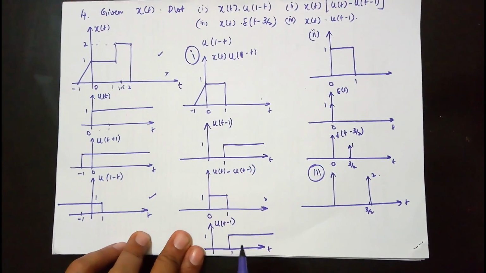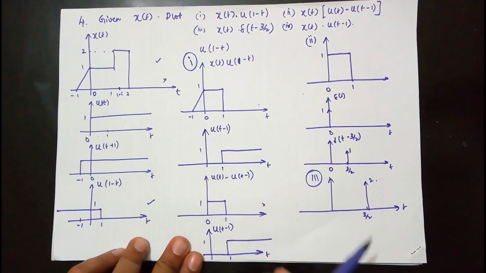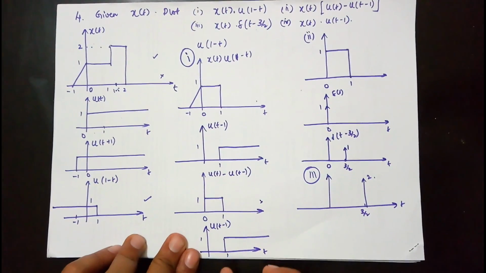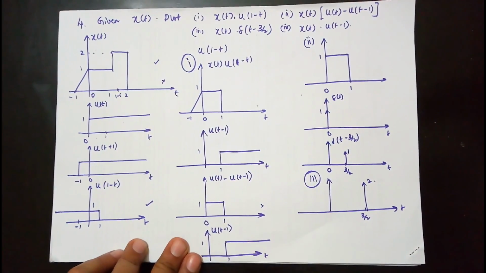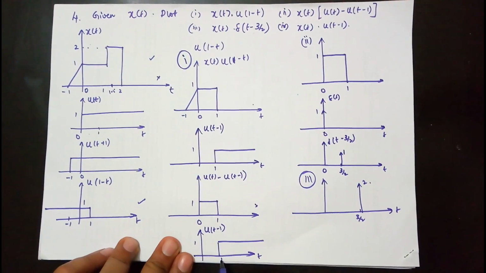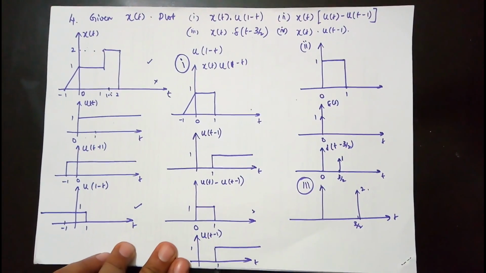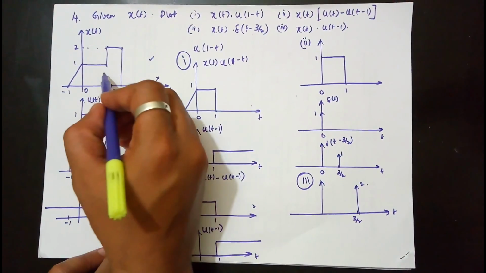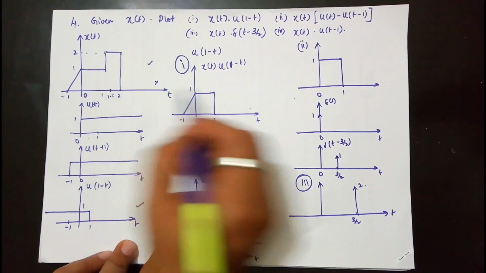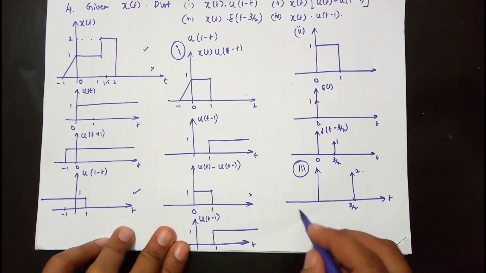But the product depends upon the existence of u of t between the limits of t. So what is the limit of t here? U of t minus 1 extends from 1 to infinity. So whatever is the waveform from 1 to infinity, I will be getting it here.